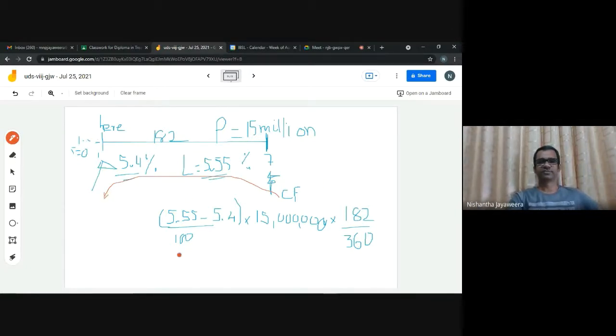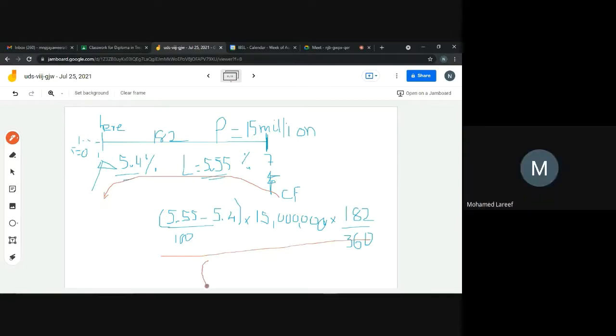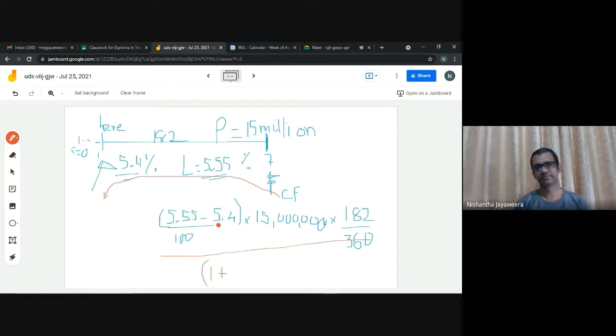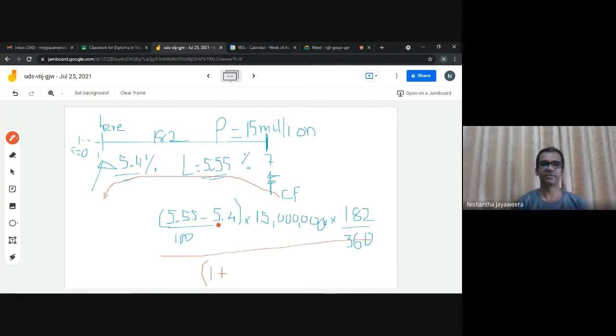What do you do? You divide everything by what? What is the denominator? The discounting factor. Yeah, what is the discounting factor? 1 plus. Which interest rate are we going to use to discount? 5.55, exactly, because that is the prevailing market rate.